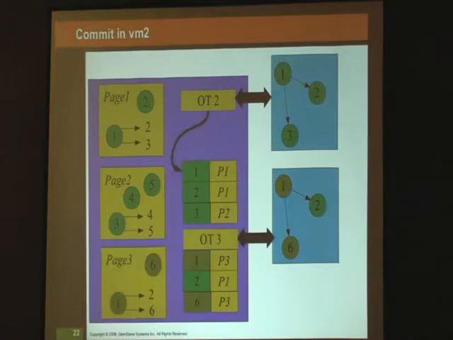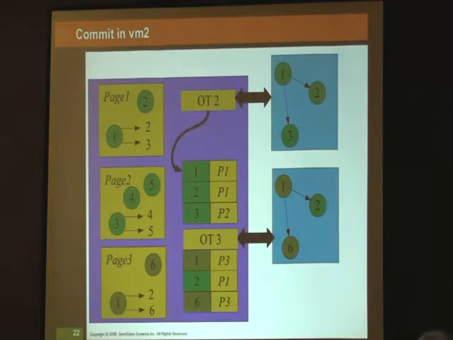And when you do a commit, what happens is that object 1 and 6 are copied to page 3 here on the bottom, and we update a new object table 3, that has the new locations for object 1 and object 6 inserted in the object table. And you'll note that the VM pointing to object table 2 is still perfectly valid and has a perfectly correct view of the entire system.